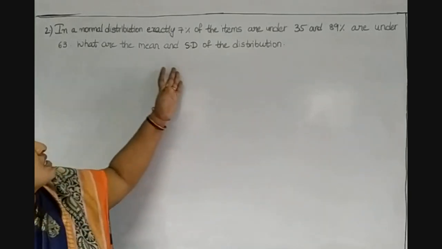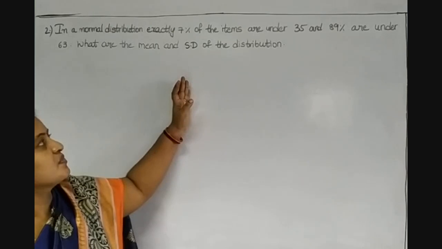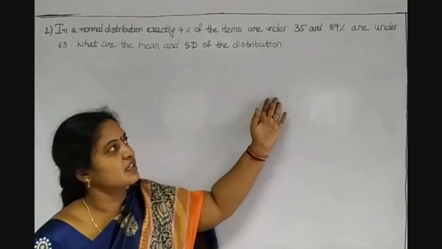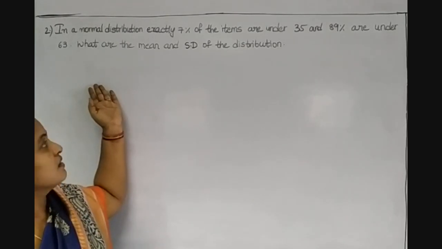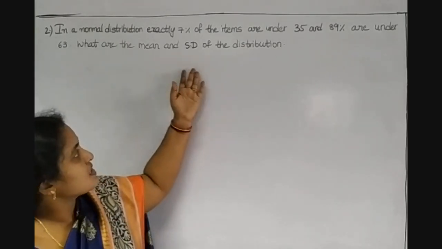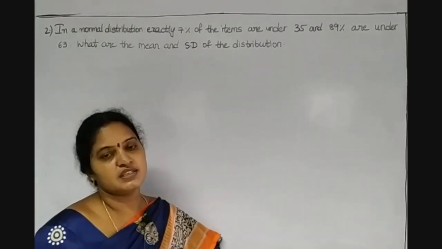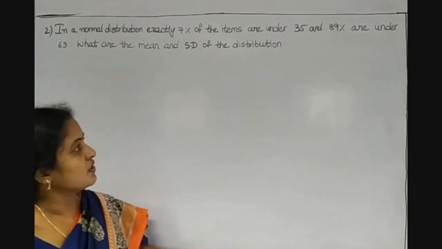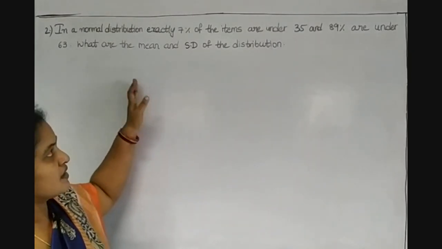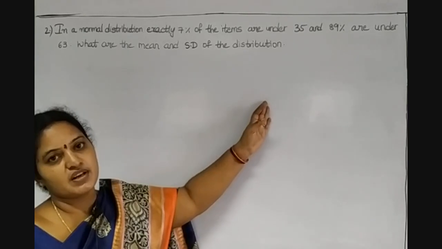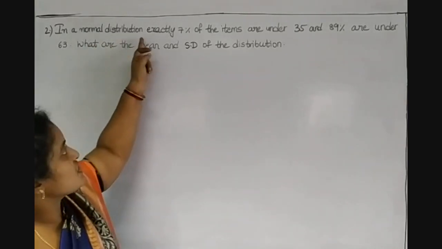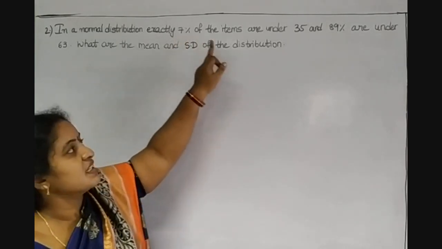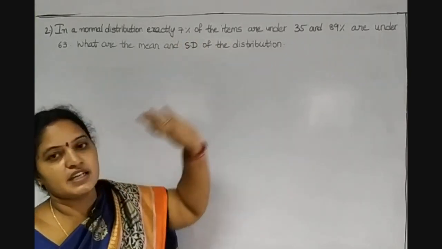In a normal distribution, exactly 7% of the items are under 35 and 89% are under 63. What are the mean and standard deviation of the distribution? So in this problem, let capital X be the number of items. They have given that in a normal distribution exactly 7% of the items are under 35.